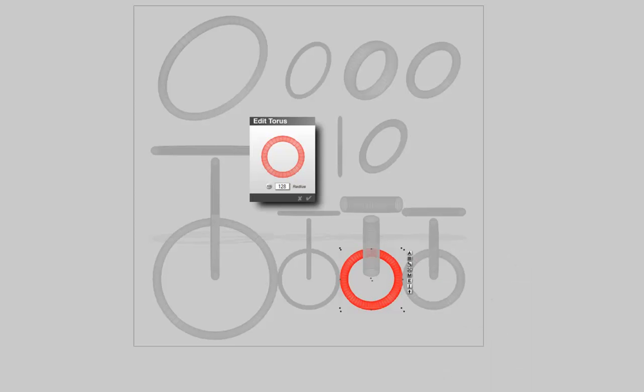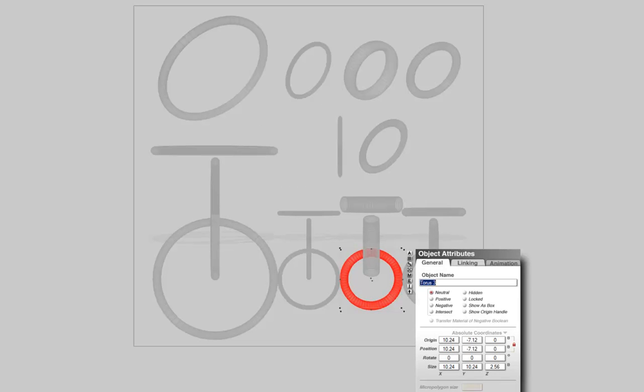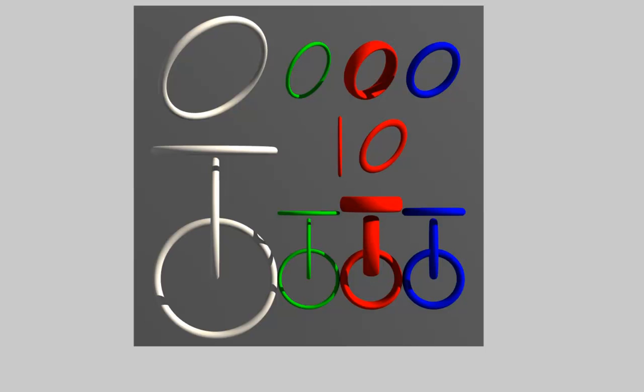However, the radius was doubled to 128, which also doubled C to 2.56. The tube is not circular anymore, though one part has the same diameter as the original white torus. This part has the same diameter as this part. However, in the Z direction, this part is now double in size.